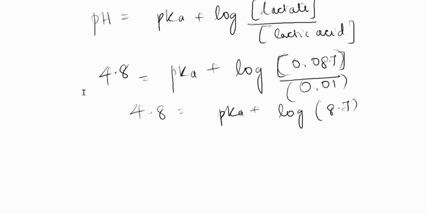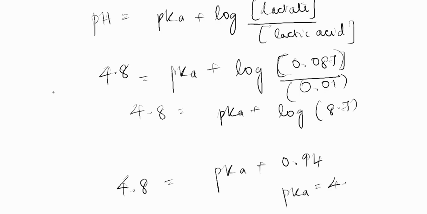If you take the logarithm of 8.7, you get the answer to be 0.94. And hence, if you rearrange, pKa equal to 4.8 minus 0.94, you get the answer to be 3.86.